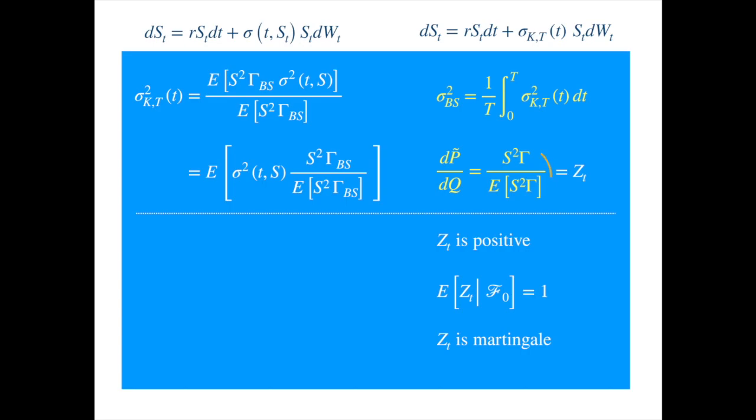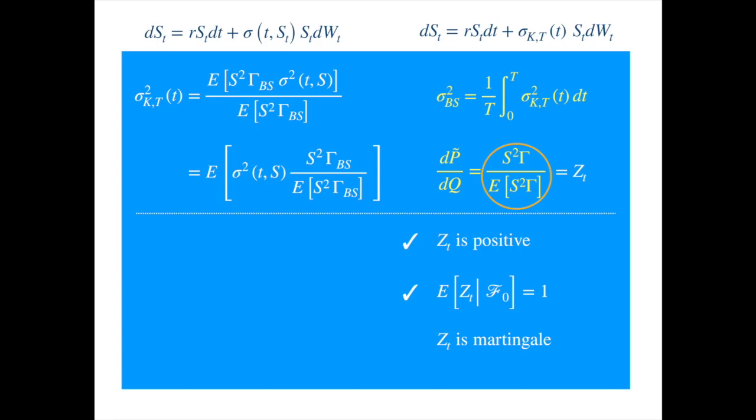It's easy to see that it's positive. We know Black Scholes gamma is positive and the square of S is positive, so no issue there. It's also easy to see that its expected value is equal to 1, because if we apply expectation, then the numerator and the denominator will be equal, so we will get 1.